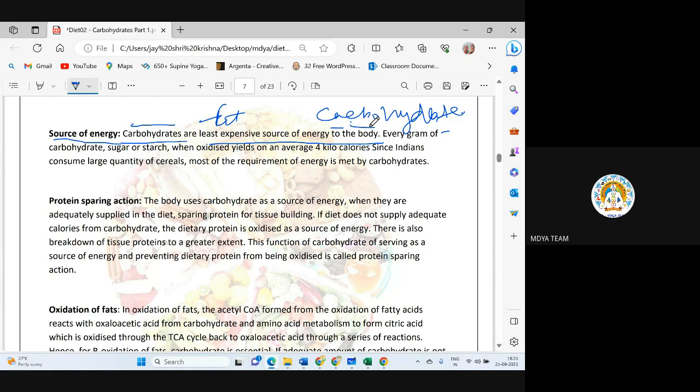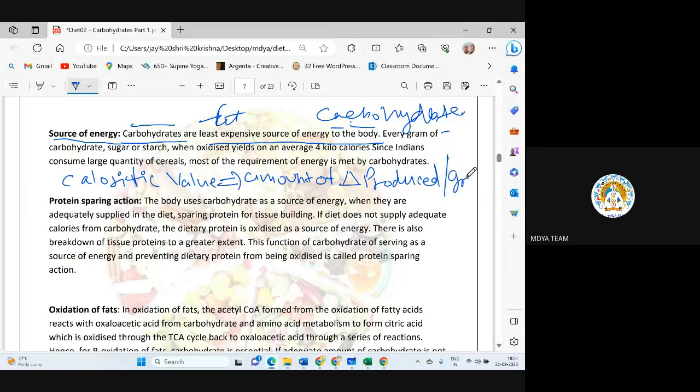So how much energy does our body get by consuming 1 gram of carbohydrate? This is known as calorific value. You can note down this calorific value. Calorific value is the amount of energy produced, energy denoted by this triangle, per gram of nutrient.